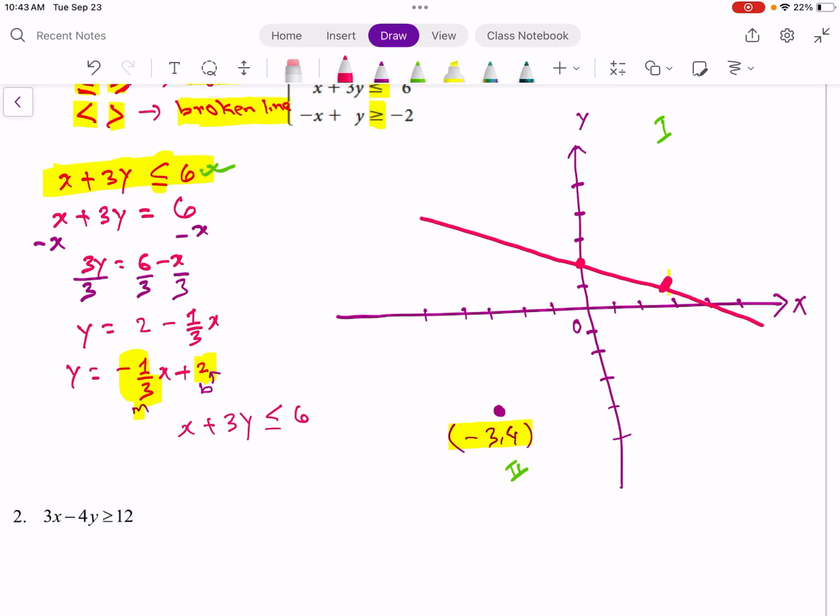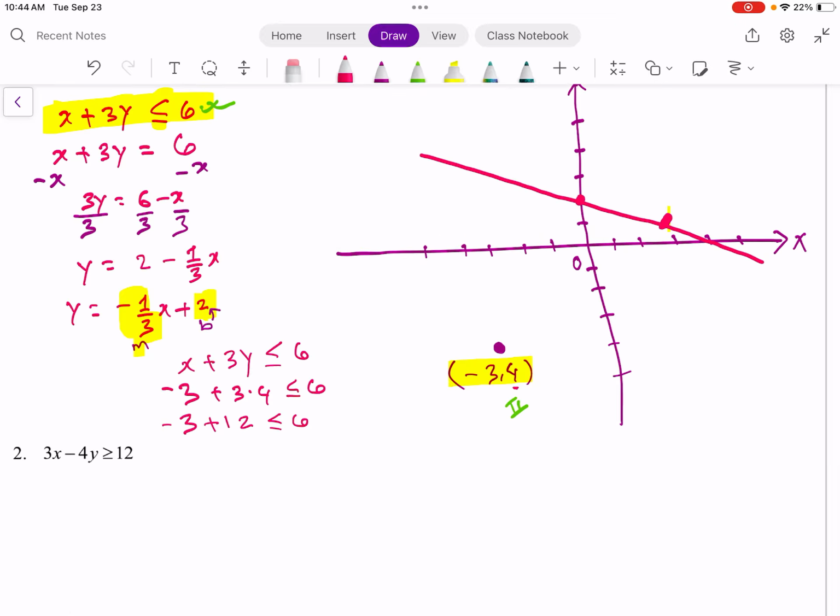So we have negative 3 plus 3 times 4 less than equals to 6. So this is negative 3 plus 12 less than equals to 6. So negative 3 plus 12, that is 9. 9 is less than 6. Is it true or false?